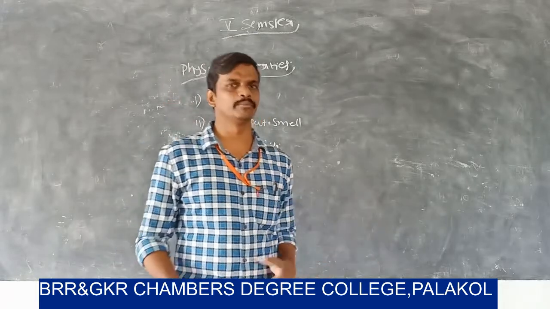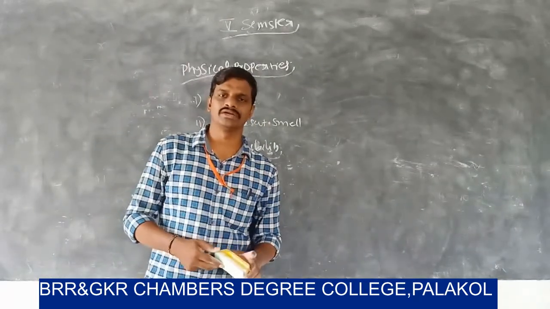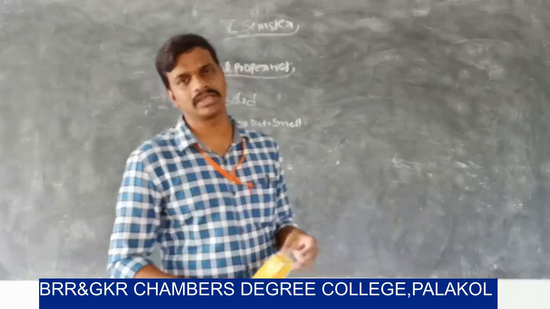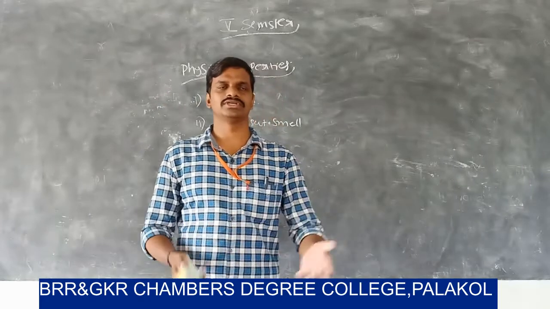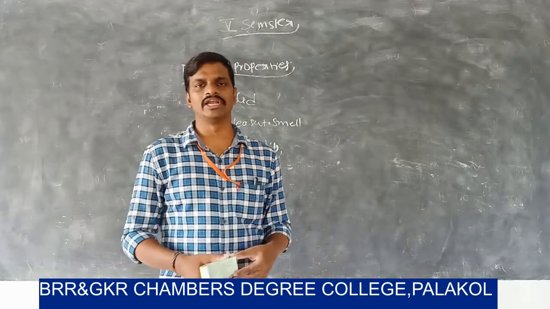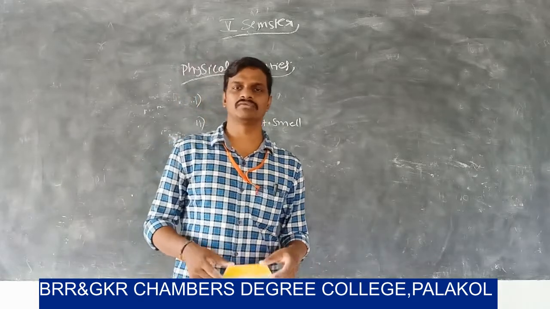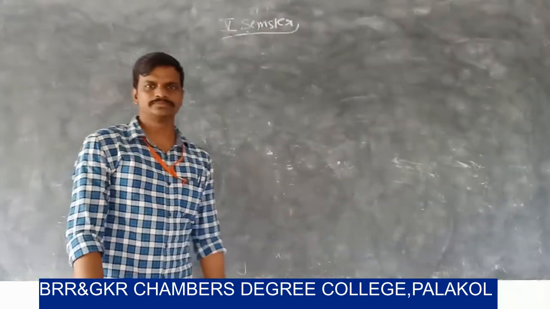So these are the four important physical properties. Aliphatic nitrohydrocarbons are pleasant smelling solid compounds, sparingly soluble in water and soluble in organic solvents, and the melting points and boiling points are high due to the polar nature of the nitro group. So this is about physical properties.